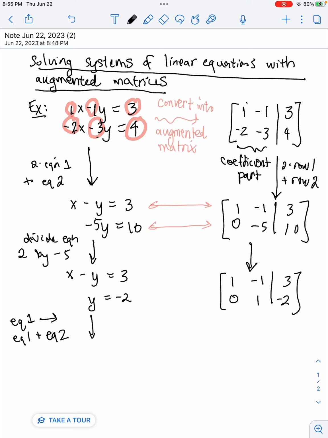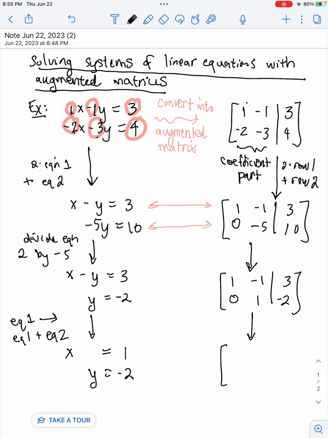In other words, I'm going to replace the first equation by equation 1 plus equation 2. And if I do that, I'm going to get x equals what? x equals 1. Right? And then I'm still going to get y equals negative 2 at the bottom.